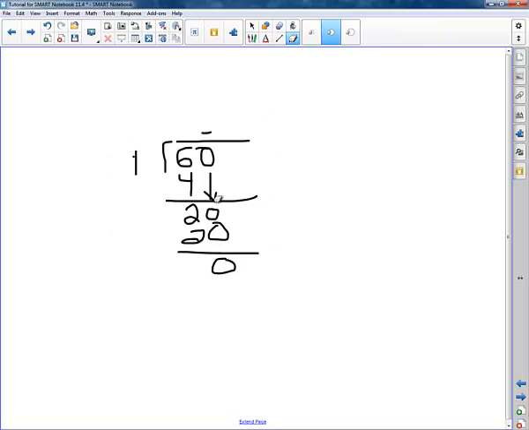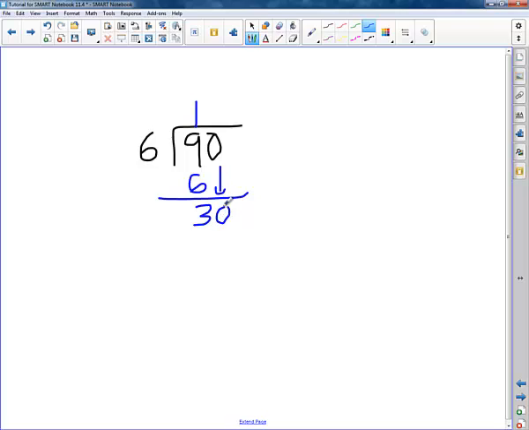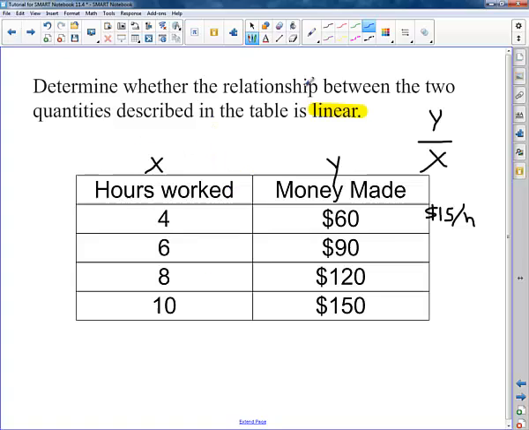And 6 goes into 9 one time. There's our 6. 9 minus 6 is 3. 3 is less than 6, that's good. Bring down our 0. 6 into 30 goes in evenly 5 times, so 15, because 5 times 6 is 30, and it leaves you with nothing left. Okay, so this was also 15.